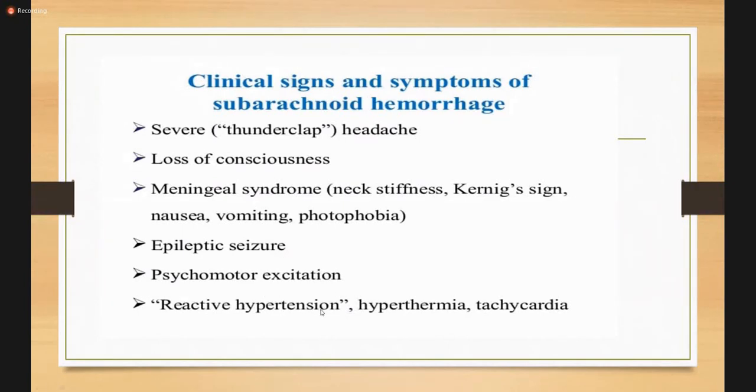Psychomotor excitation means the patient is irritable, restless, agitated, with psychosis and hypertension. Reactive hypertension means that along with the hypertension, the patient has hyperthermia and tachycardia. So these are the most common features: severe thunderclap headache, the most severe headache of the patient's life, loss of consciousness, photophobia, meningeal signs, and seizures.